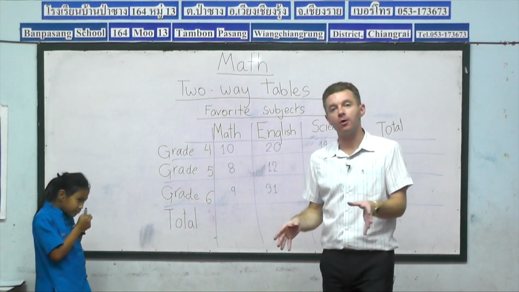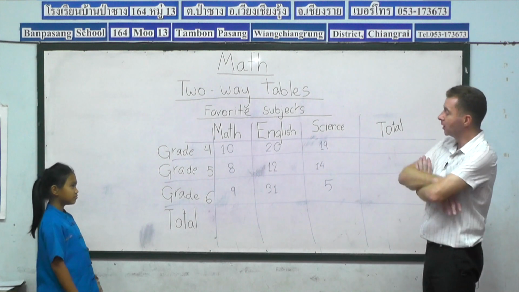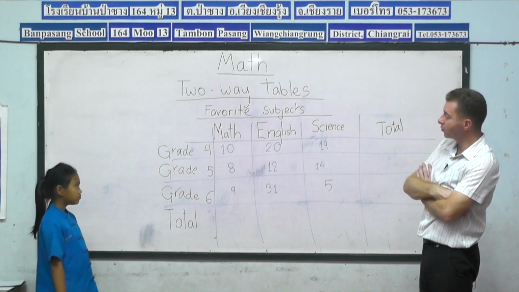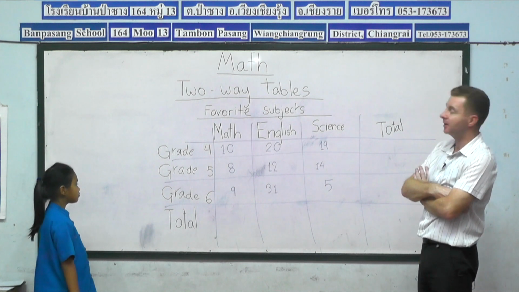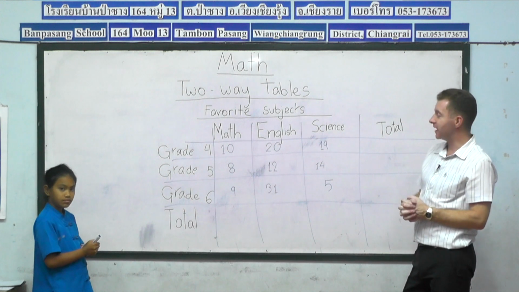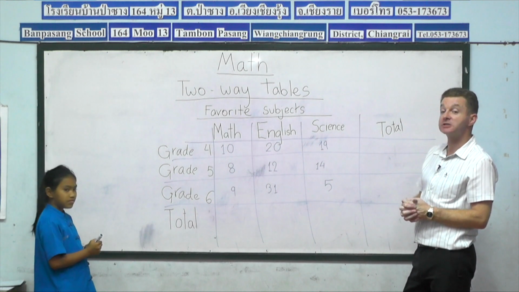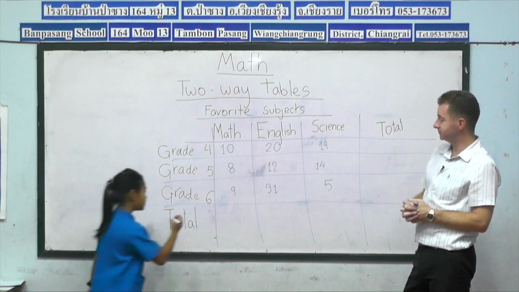Now what we can do, we can use the information to total everything off. So who can tell me the total number of students who have math as their favorite subject? 10 plus 8 plus 9. 27.